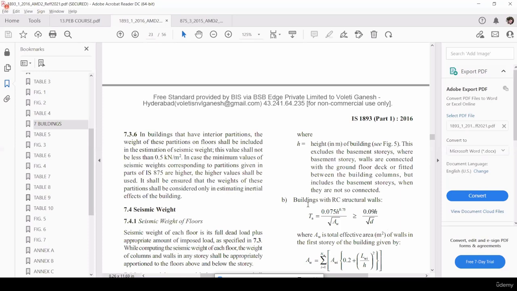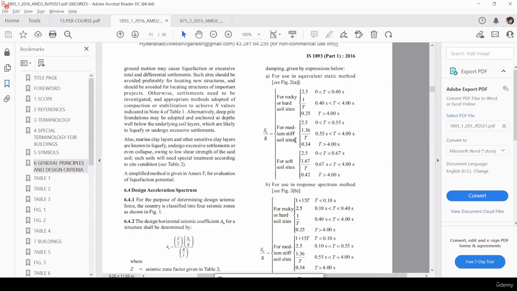Whether it is medium stiff, loose, or hard rock, the customer should mention it. Medium stiff is not as hard as rock, not that loose, so in regular practice we go for medium stiff soils.